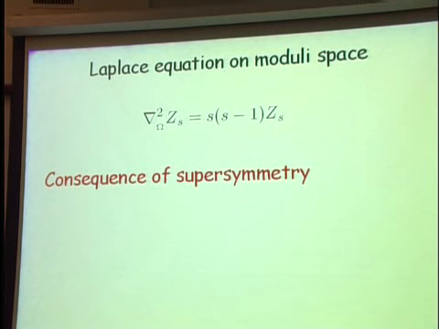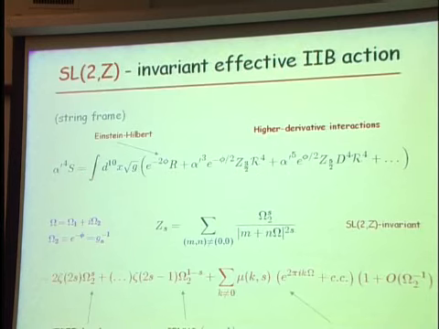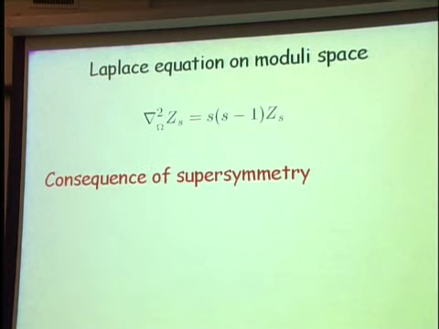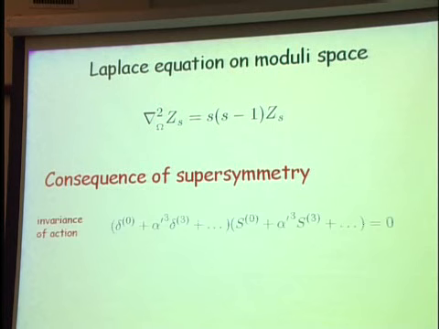The defining feature of these Zs is that they satisfy a Laplace equation on moduli space with a particular eigenvalue, which is related to the index s. And although the way these were discovered, this just seemed like an accidental fact, of course it isn't accidental, and it can be shown to arise as a consequence of supersymmetry.